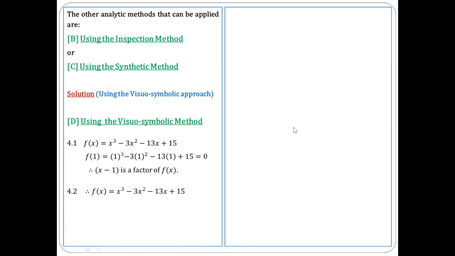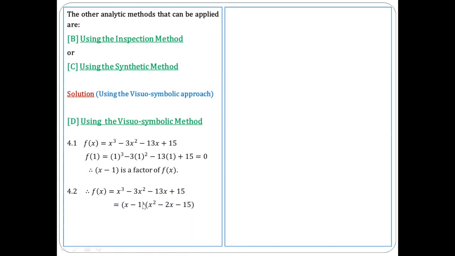In other words, it is the visual symbolic thinking process which goes through this observer as he or she looks at the parameters in the function and manipulates them in the mind to actually determine the factors using a shorter method, or in a few steps.